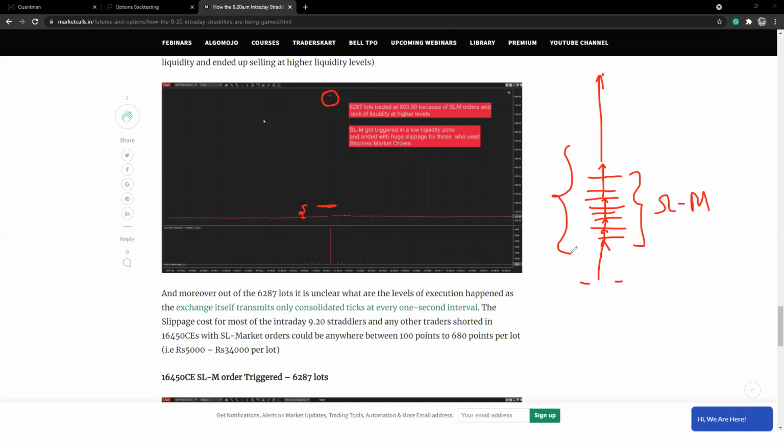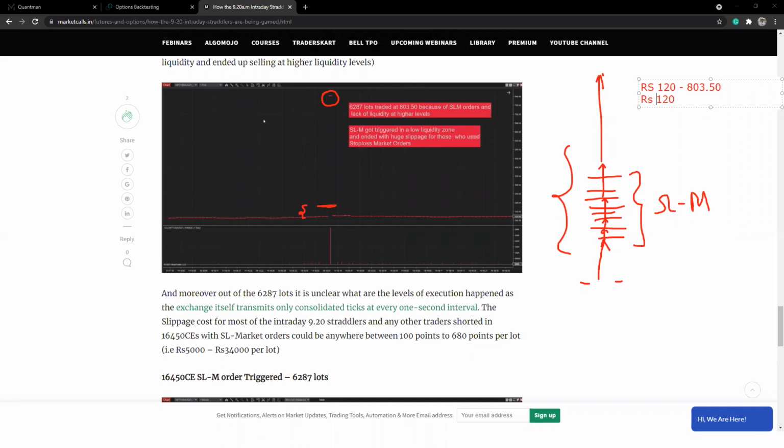How instant? A 120 rupees option went, the very next second, to 800 plus, 803.50 was the rate. And then the very next instant, it started trading at 120 rupees again. So this happened for only 1 second.